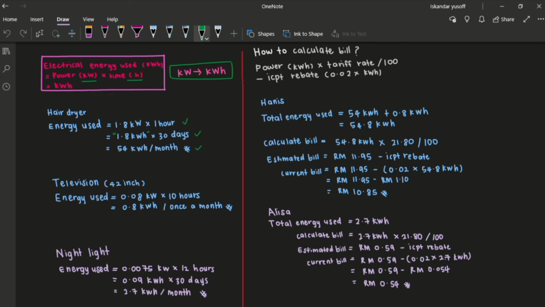After that, for the television with size 42 inch, it has a power rate of 0.08 kilowatt and we need to times with 10 hours because Hanis used the television overnight, and the answer we will get is 0.8 kilowatt hour once a month.